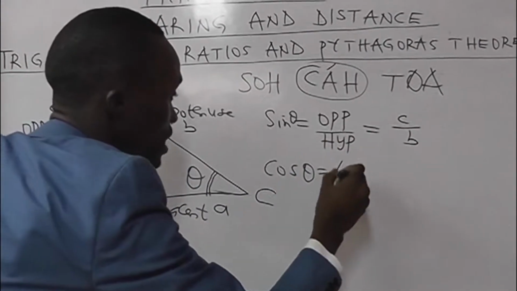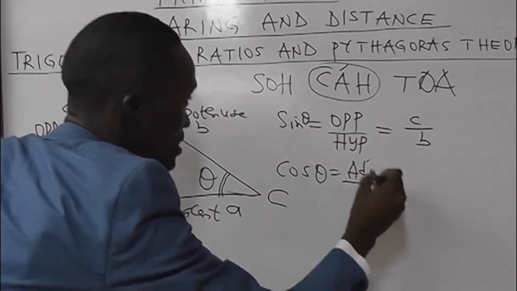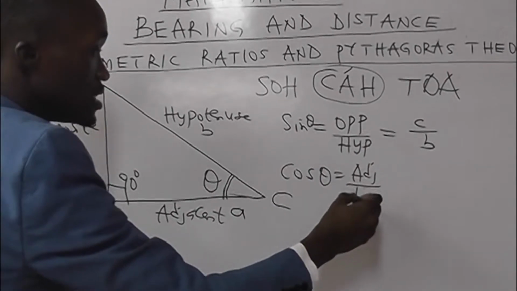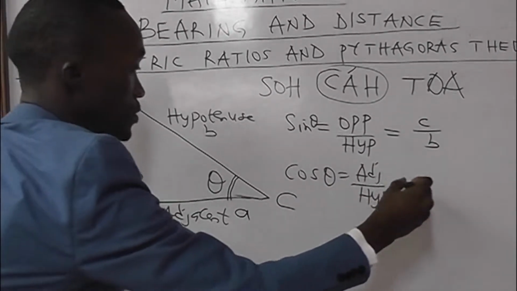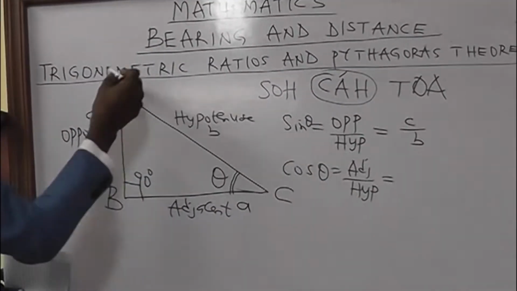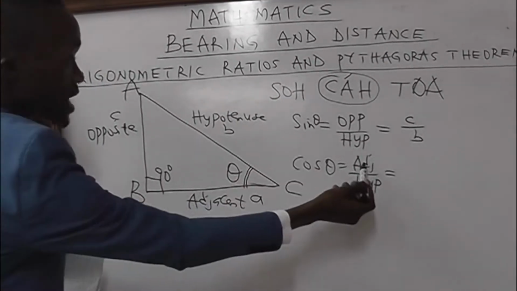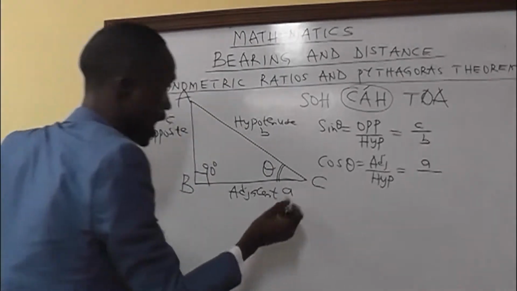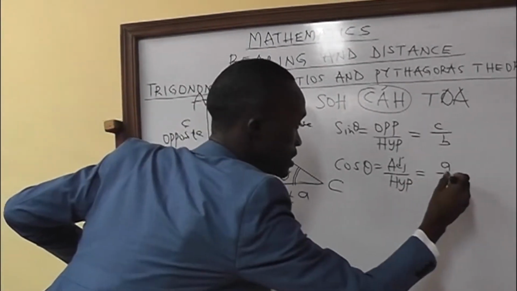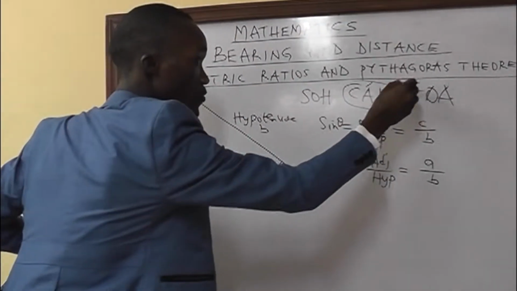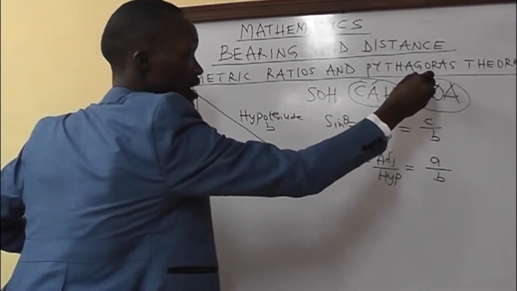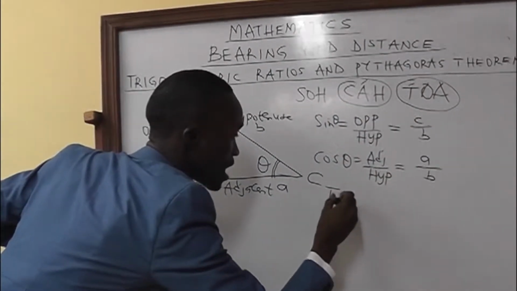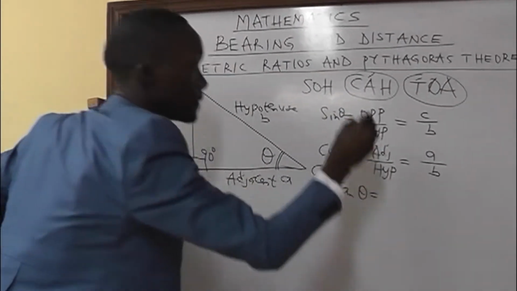This A is representing adjacent, and this H we have here is representing hypotenuse. Now, if you also relate that to this triangle, the side representing adjacent here is A, and the side representing hypotenuse is B. Then moving to this other one, T here is representing tan, so we have tan theta.